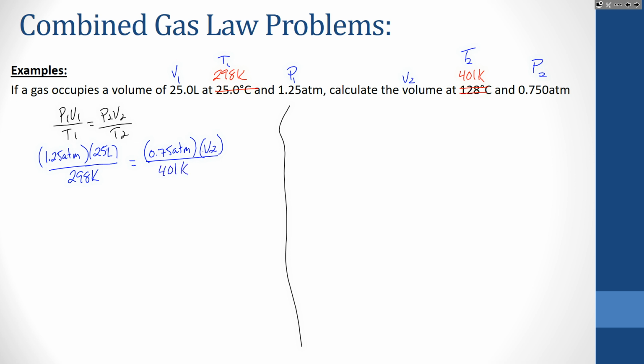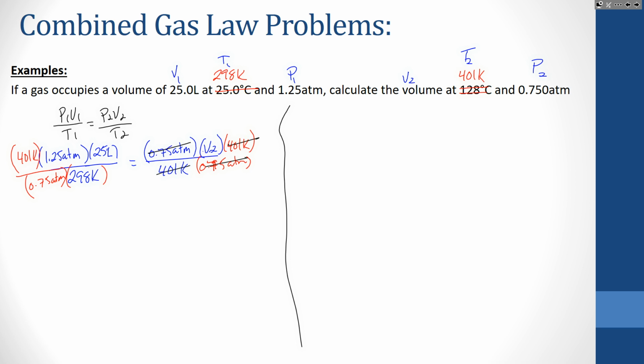Now I'm going to multiply both sides by 401 Kelvin and divide both sides by 0.75 atmospheres. If you look, these cancel, these cancel.